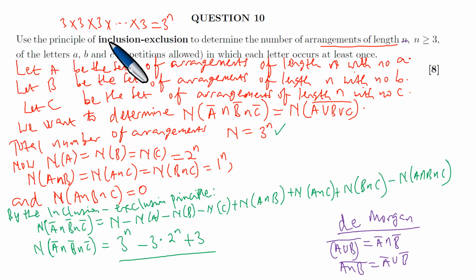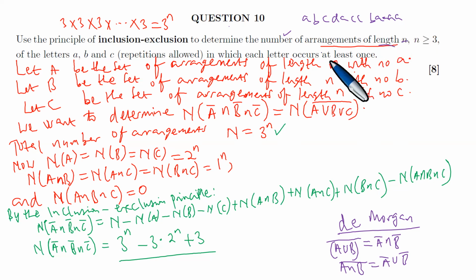I need to make this as practical as possible. An arrangement of length n could be A, B, C, A, or A, C, C, B, whatever, but it has length n.